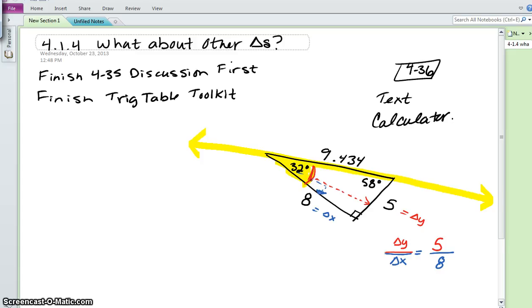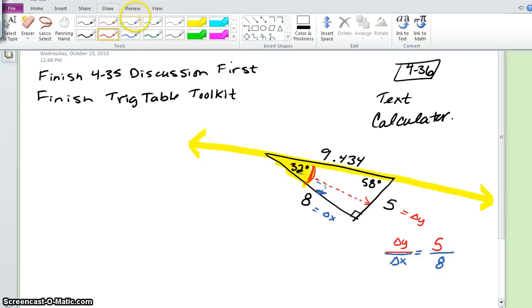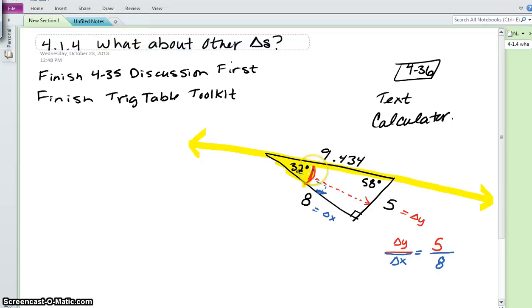So we need to get used to looking across from the angle at the distance of the leg and looking next to the angle, or what we call adjacent. Across we will refer to as opposite.